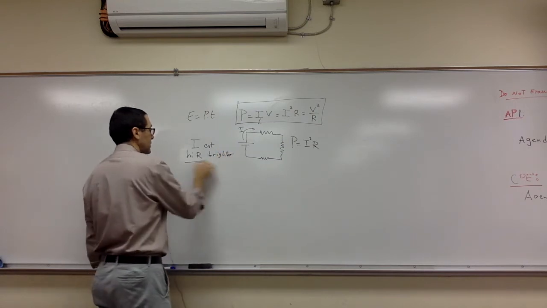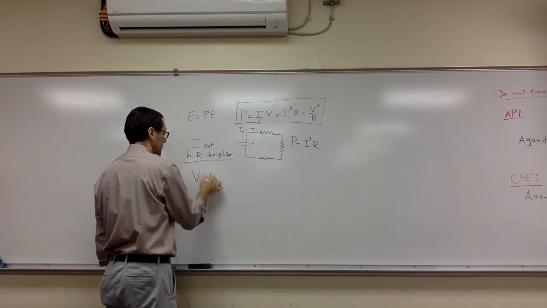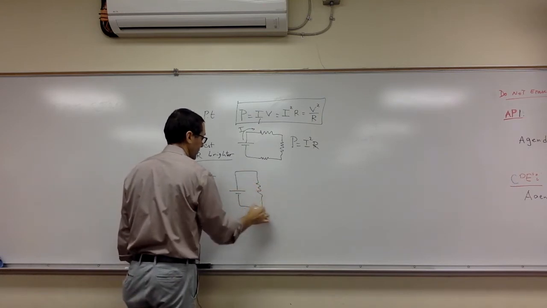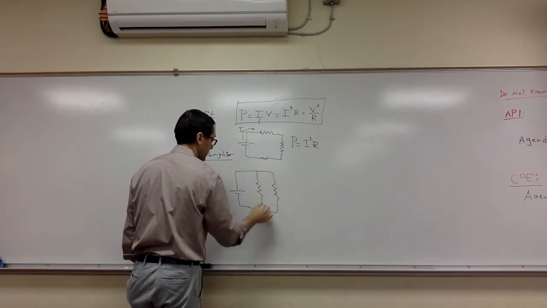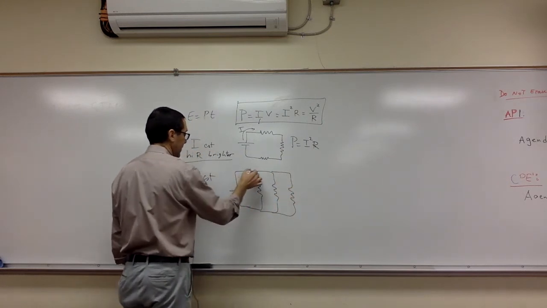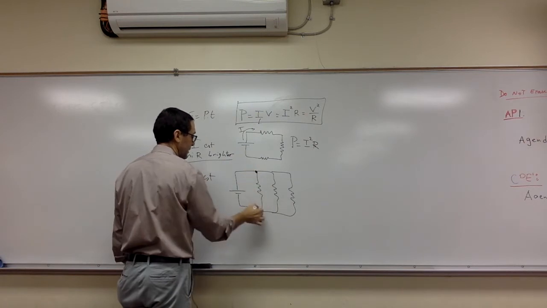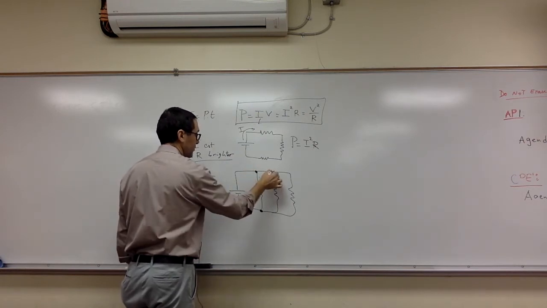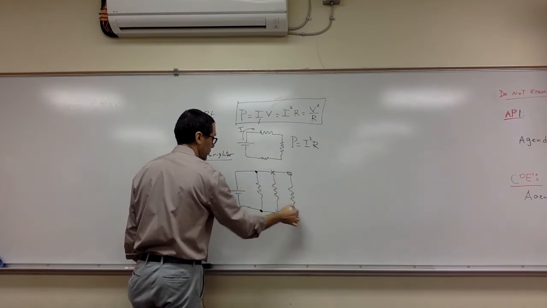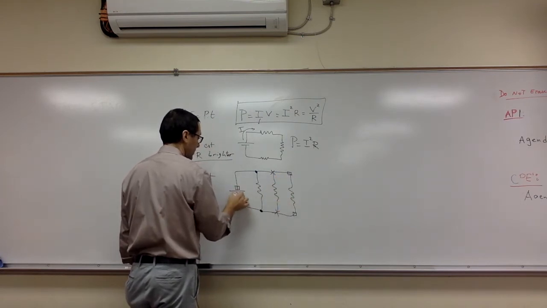Okay. Now let's look at it if V is constant, and we'll do this when we do parallel circuits. So let's just take a bunch like this. This is a parallel circuit. What I mean by that is the voltage between this point and this point is the same as the voltage from there to there, is the same as the voltage from there to there, which is basically the voltage of this battery here. Okay?